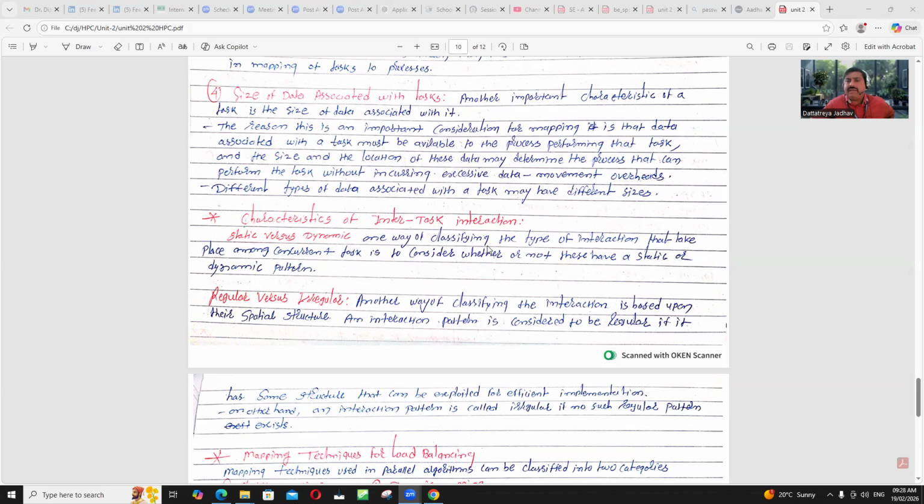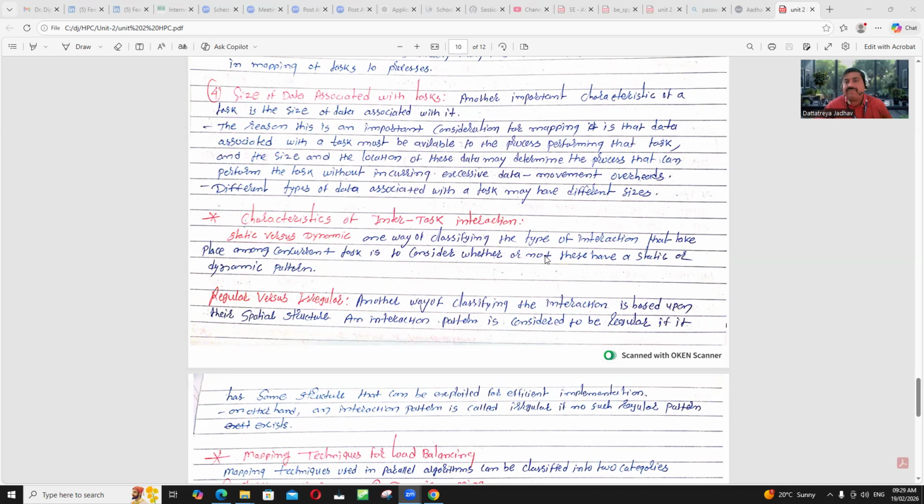One way of classifying the type of interaction that takes place among the concurrent tasks is to consider whether it is static or dynamic.